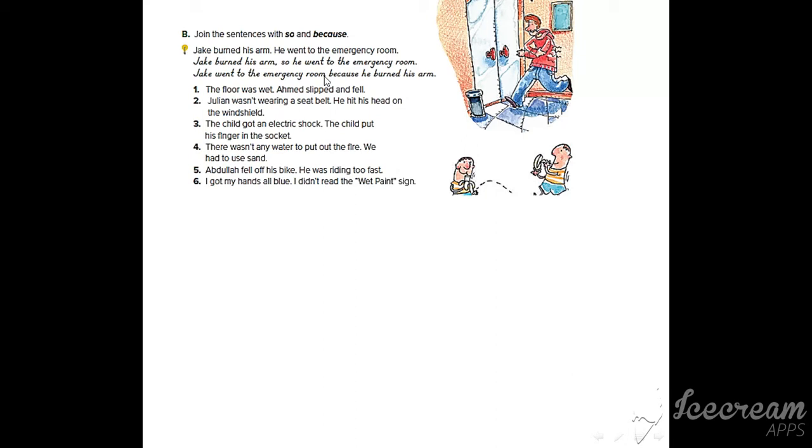Why? I want to mention the reason. Because he burned his arm. So both of the two sentences are right. Jack burned his arm, so he went to the emergency room. He went to the emergency room because he burned his arm. We will do like this for the 6 sentences.